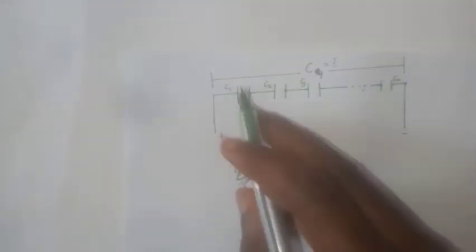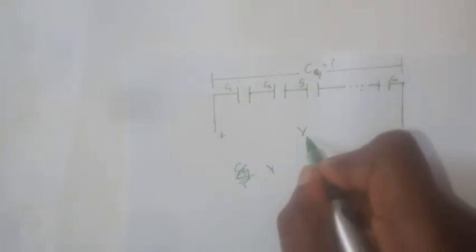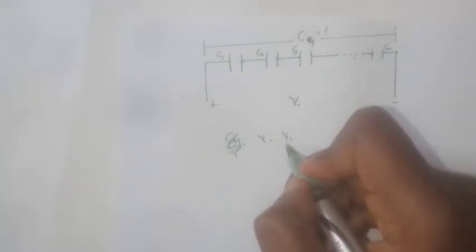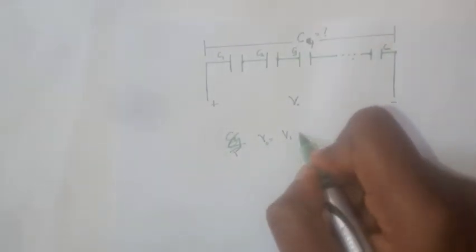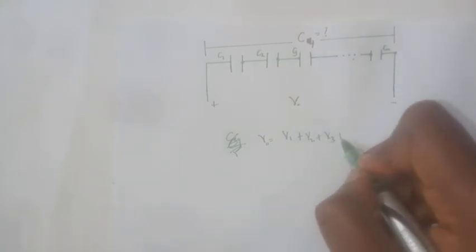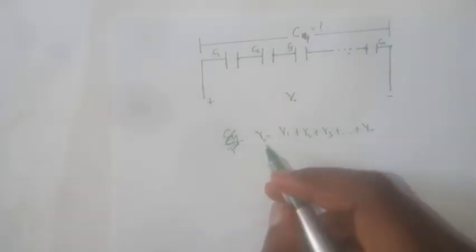So we can say that V1 plus V2 plus V3 plus dot dot dot Vn is all equal to V naught.